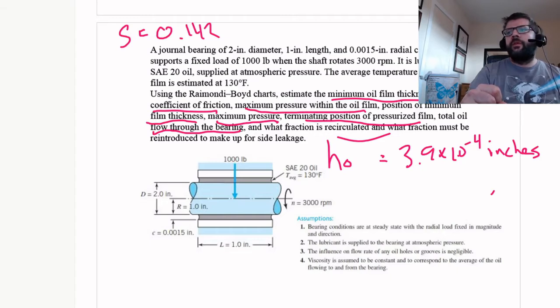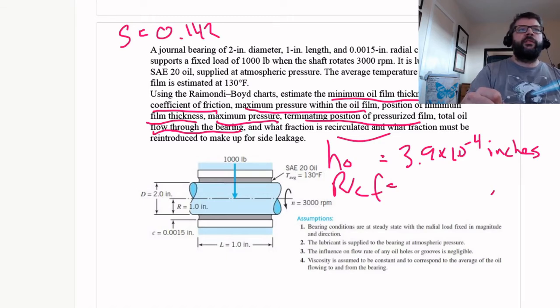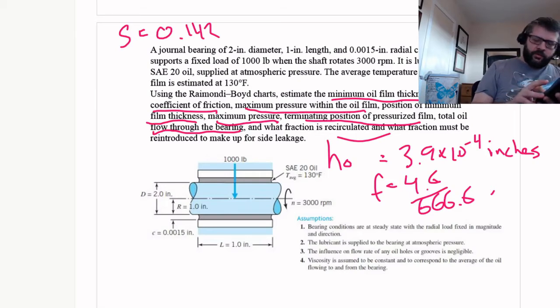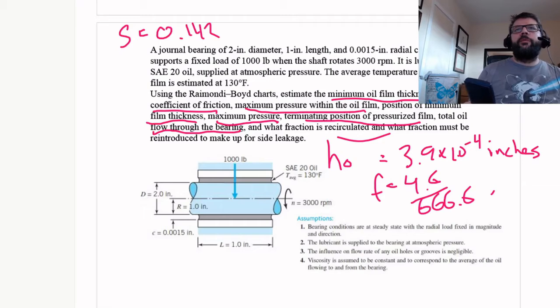So if R over C times F is equal to 4.5, then to solve for our coefficient of friction, we just need to take our 4.5 and divide it by the R over C, which is 666.6, and that'll give us our F. Why did I put 4.6 there? 4.5.